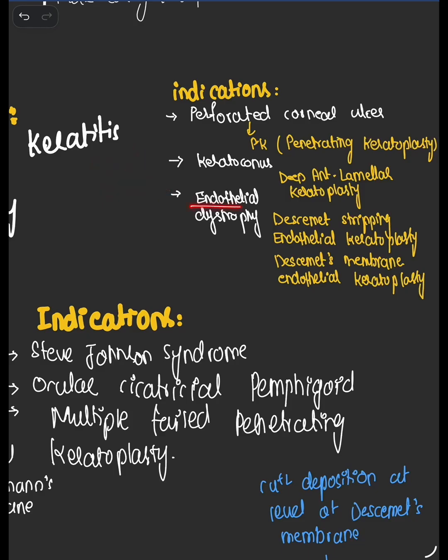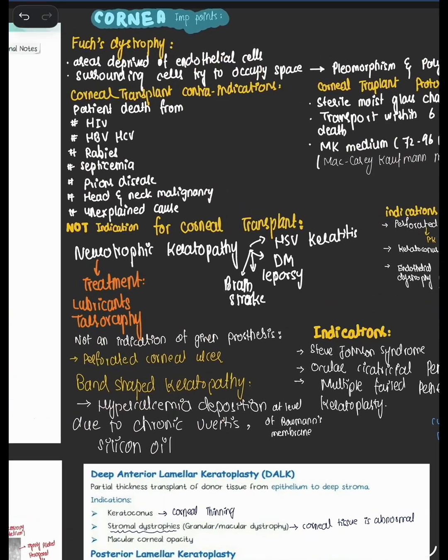And in endothelial dystrophy, we do DSAEK, Descemet stripping automated endothelial keratoplasty, in which the posterior stroma, Descemet's membrane, and the endothelium are transplanted, and in Descemet membrane endothelial keratoplasty only the Descemet's membrane and the endothelium are donated.